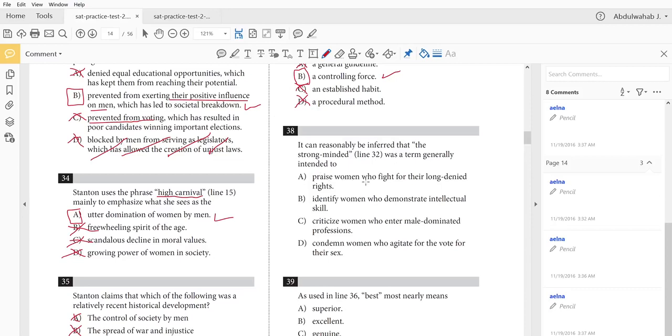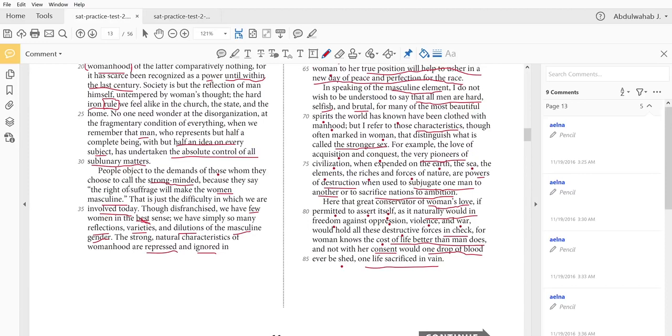Was it used to praise women who fight for their long-denied rights? It doesn't seem like a positive term. It doesn't seem like a compliment. Identify women who demonstrate intellectual skill? Again, it's not actually a very positive term, and it wasn't used to refer to women who demonstrate intellectual skill. It refers to people who are calling for the right of women to vote.